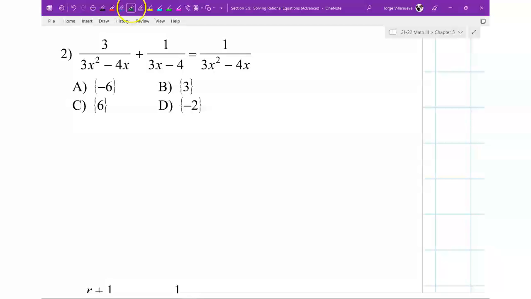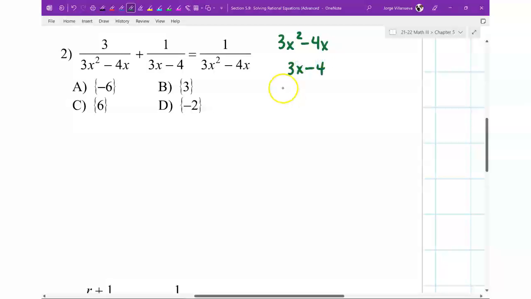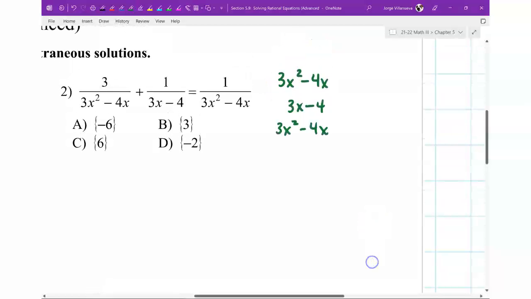So just like yesterday, I'm going to write down all of my denominators. Then I ask myself, how can I factor them, if possible?